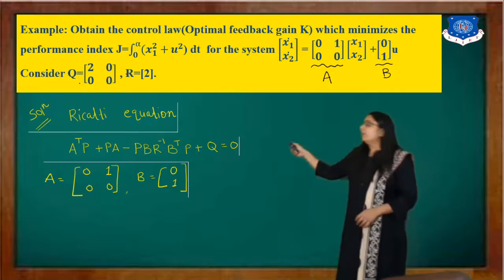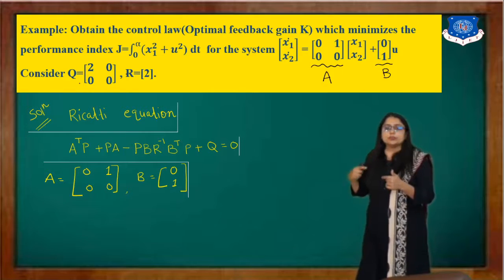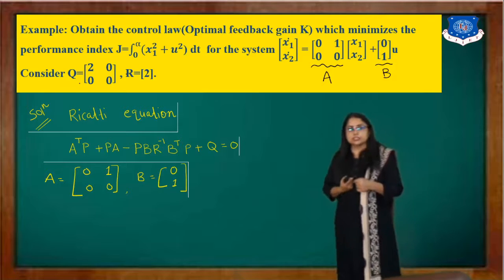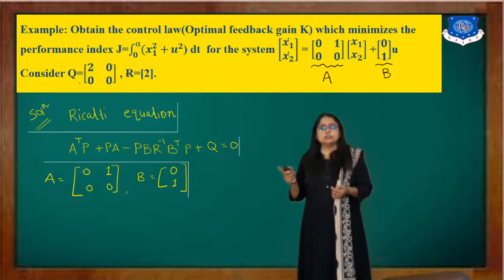Based on this, A transpose becomes 0, 0, 1, 0. Just interchange the rows and columns to get the transpose matrix. And B transpose equals 0, 1.